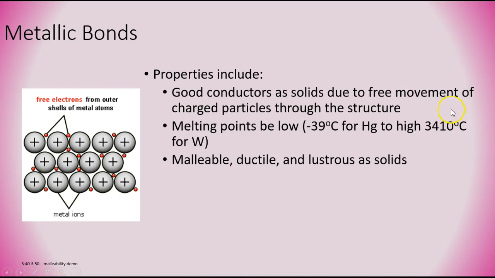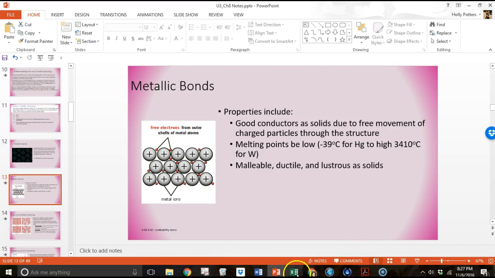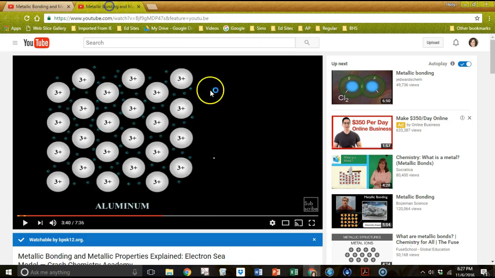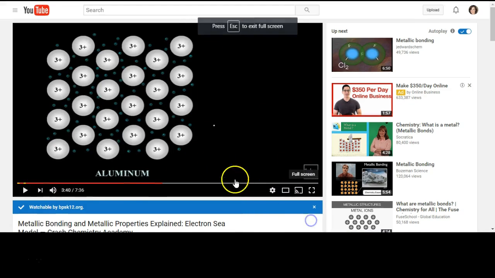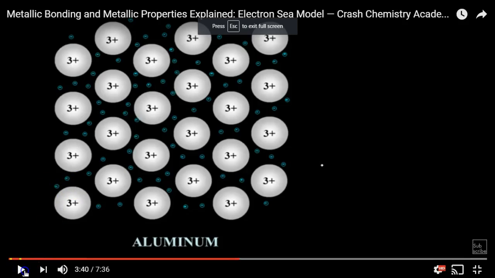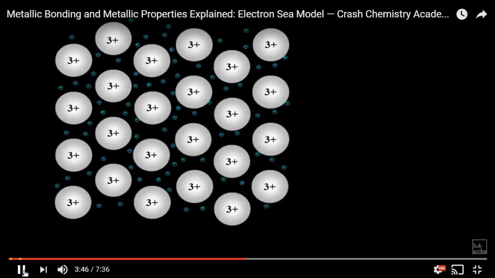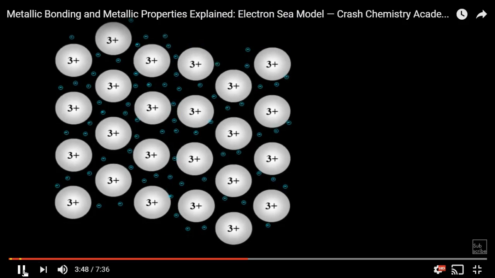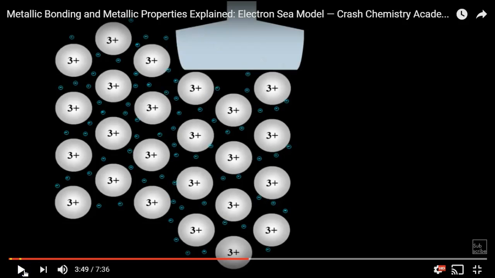So let me just shift to a little video here for you to show you that. Let's check this out. Again, the reason that metals are shapeable and malleable, unlike what we saw with the ionic compound, notice that those atoms, or the nuclei, being pushed, we still have this sea of electrons that is holding everybody together.